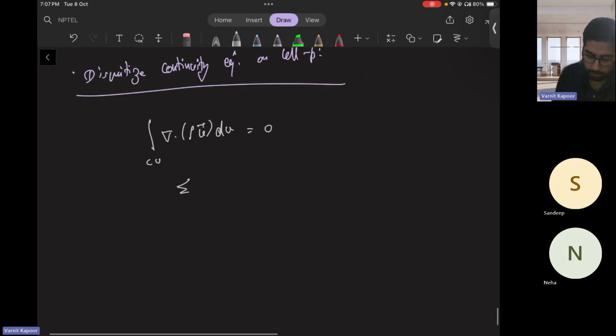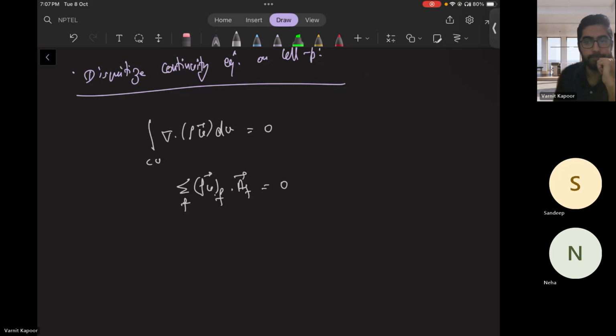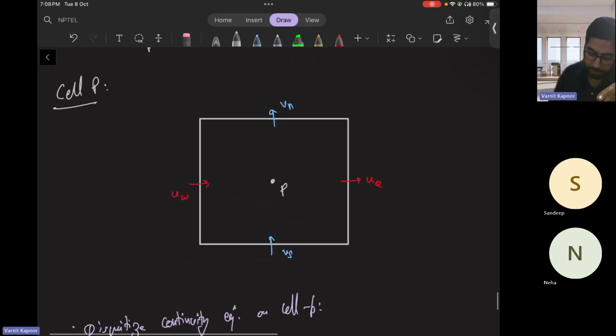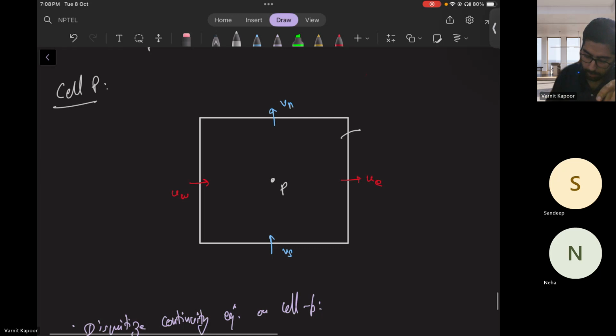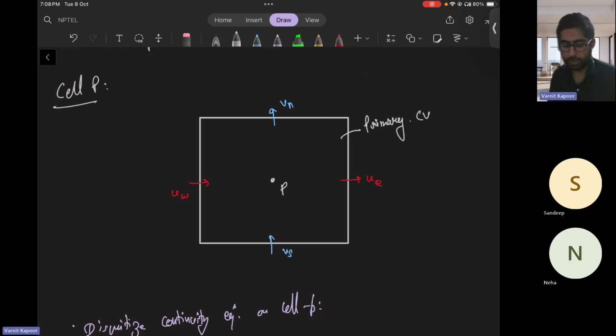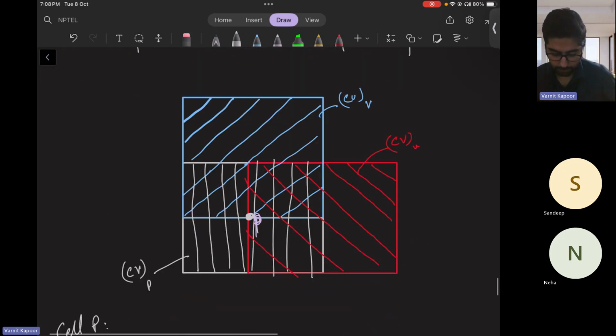That will be summation over the faces rho u for the face dot A equal to 0. So cell P is your primary control volume. Based on that, you have U and V control volumes.